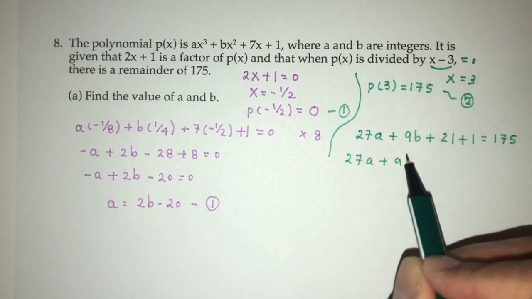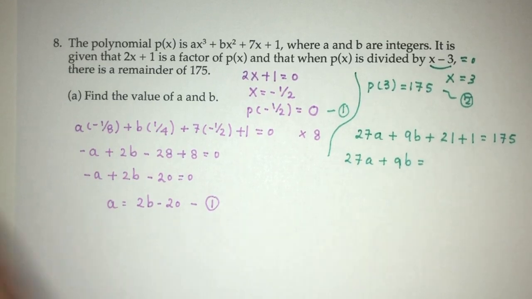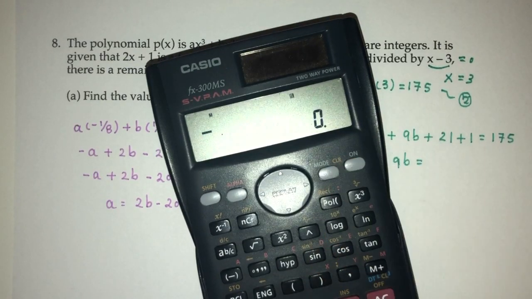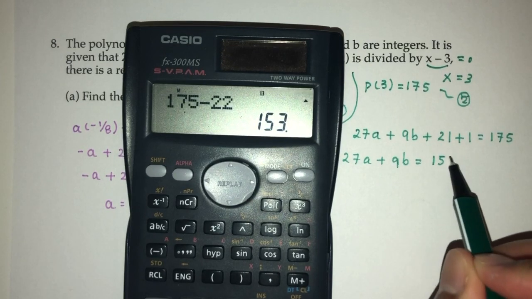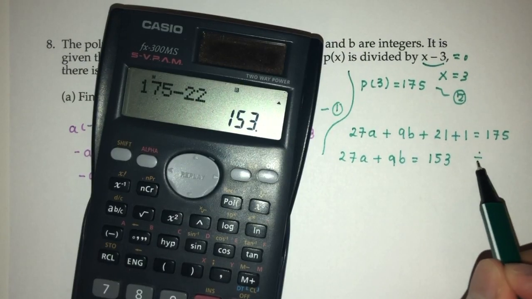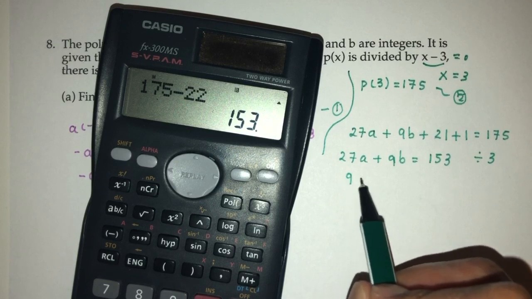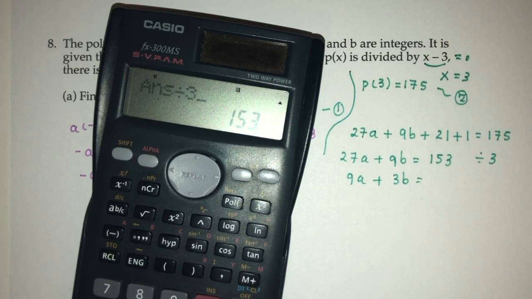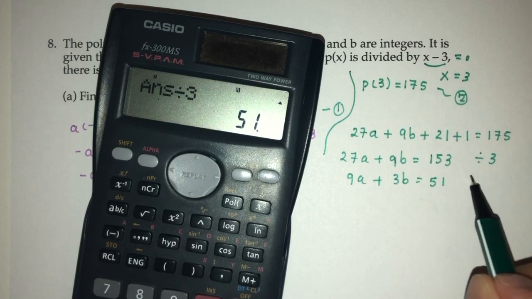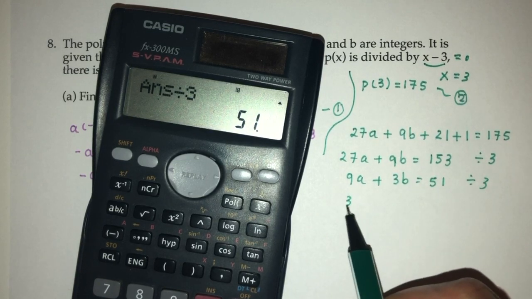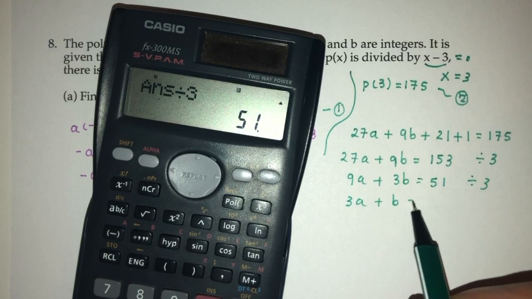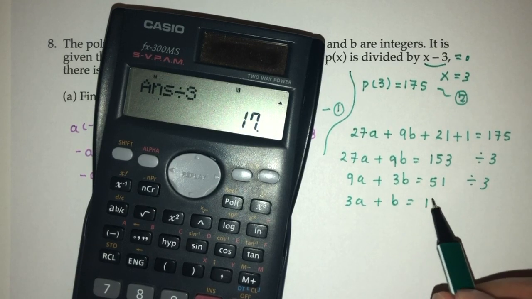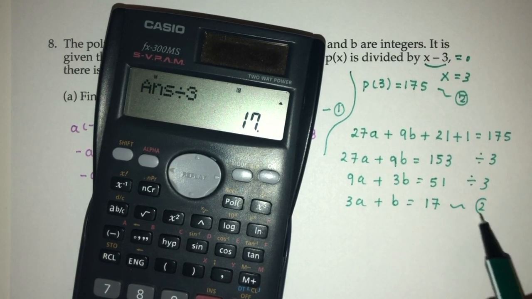Plus 9b has to be 175 minus 22, that has to be 153. Now let us try to divide by 3 everywhere. You will have 9a plus 3b, that will be 51. Let's try again, divide by 3. That will be 3a plus b, that should be 17. This is my equation number 2.